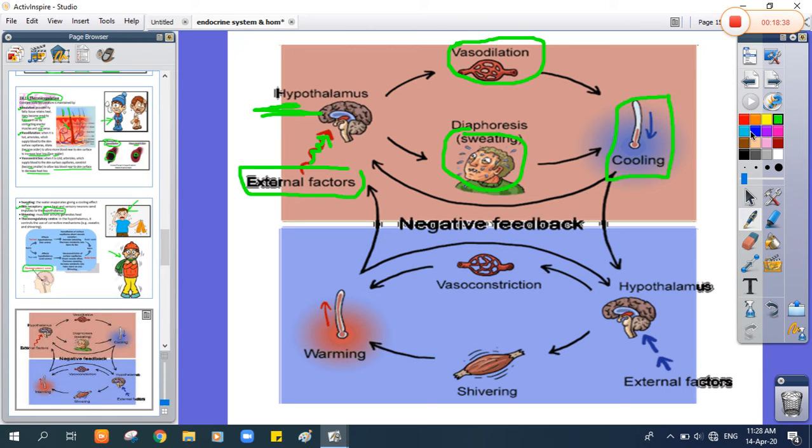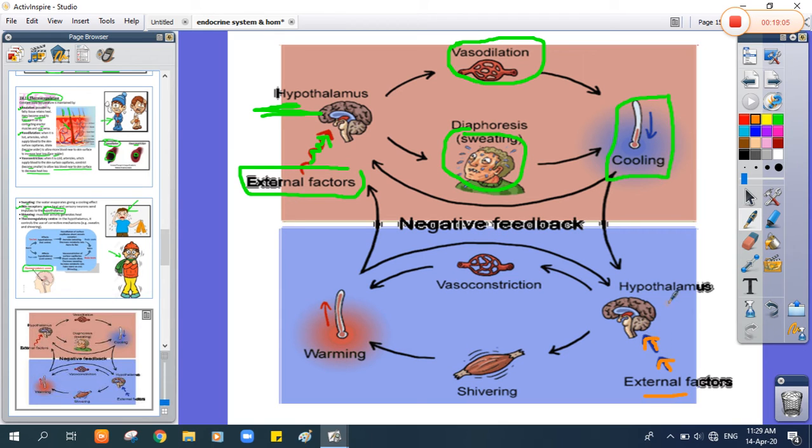Yeah, decreased. On the other hand, if there is a cold temperature, do you see this blue? Okay, but I use the red color. Okay, the external factor here is a very low temperature, and the neurons send an impulse to what?